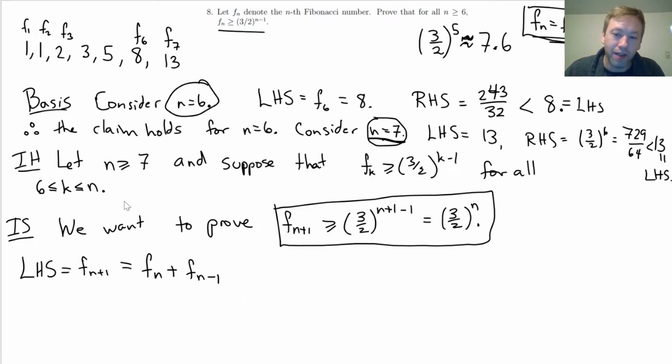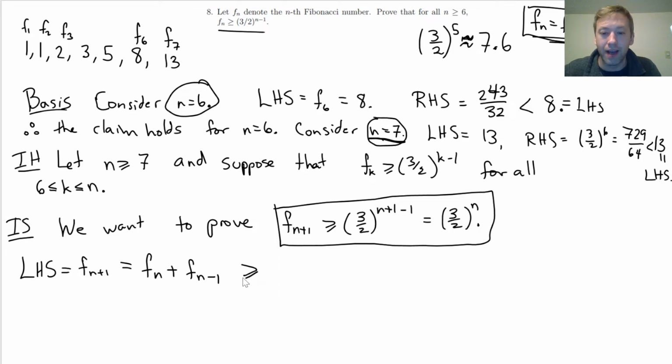I think once you've gotten to this point, it's kind of clear what to do, because I've broken down f of n plus 1 in terms of two previous values of the sequence. And what I know is that every previous value of the sequence, by my inductive hypothesis, satisfies a certain inequality, so I can just plug in that inequality.